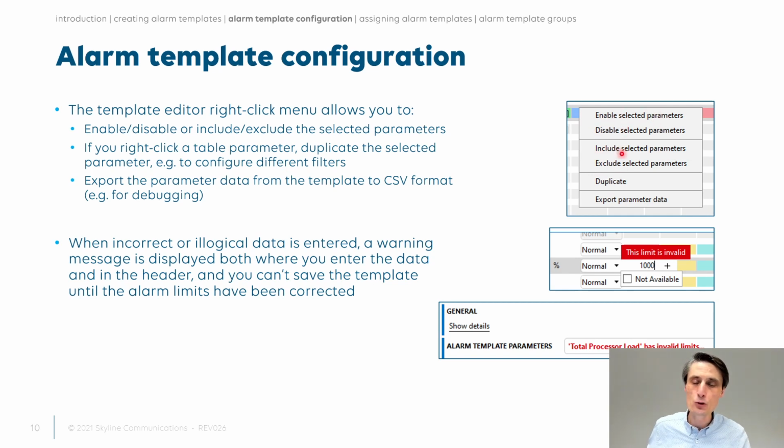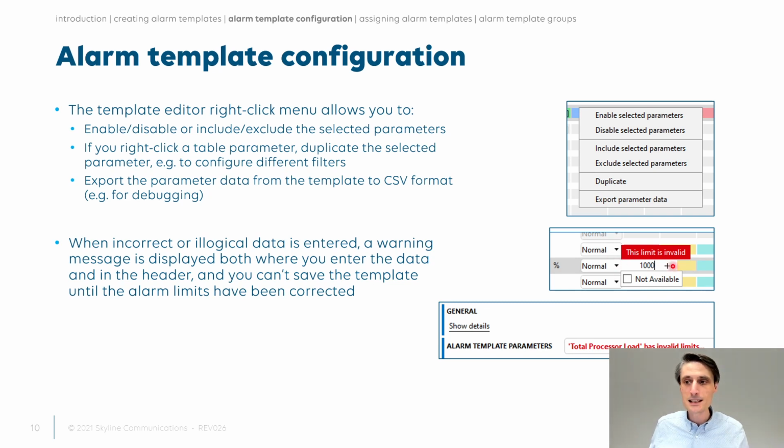The inclusion, exclusion, that's something we will see later on with alarm template groups. For alarm template groups, it is important to include or exclude the parameters. Duplicating, we'll come back to that for the table. And you can also export it here to a CSV, more for debugging or documentation purposes.